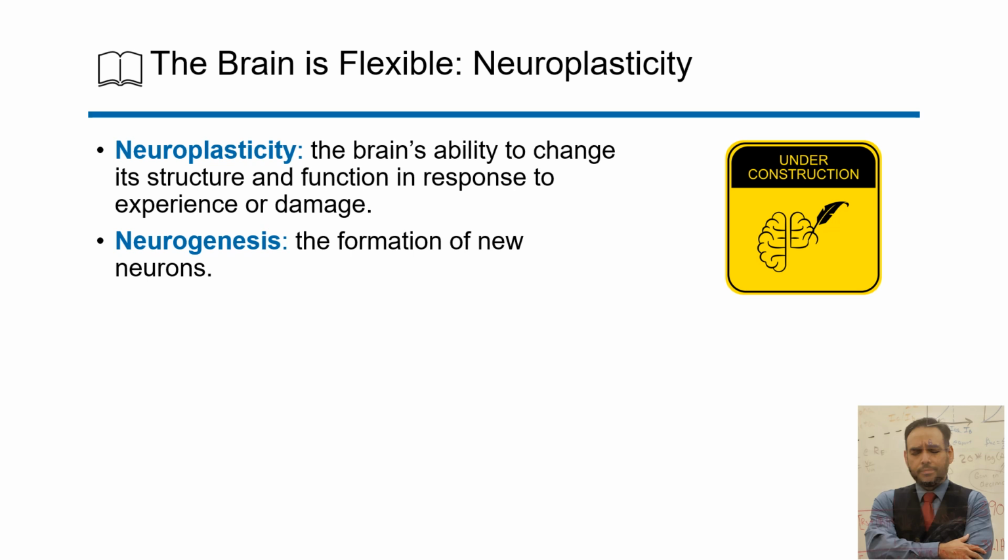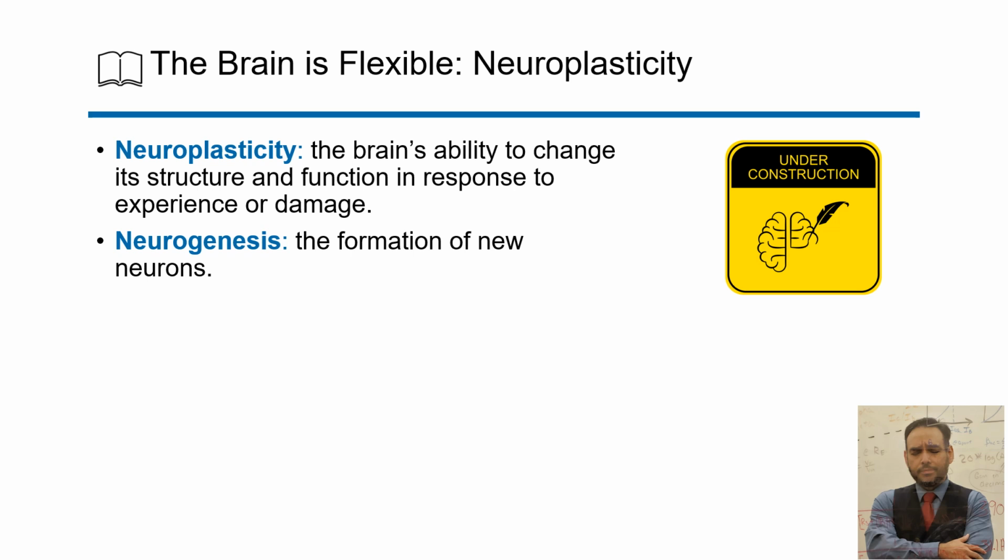Neuroplasticity and neurogenesis, two important concepts. I hear neuroplasticity, but I never hear it explained well. Neurogenesis, you can kind of understand what that means just from the word itself in medical terminology. But neuroplasticity is like your brain's superpower to change and adapt. When you learn something new or practice some new skill, your brain makes new connections between neurons.